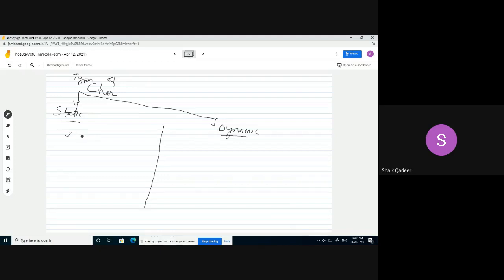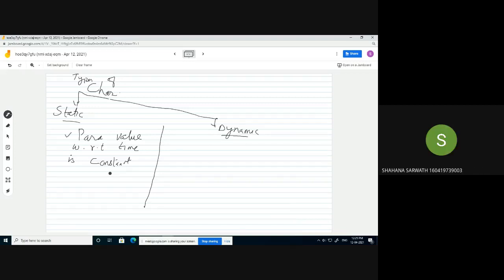The parameter value with respect to time. So static characteristics are nothing but the parameters whose values with respect to time are always constant. Hope it is clear to everybody.